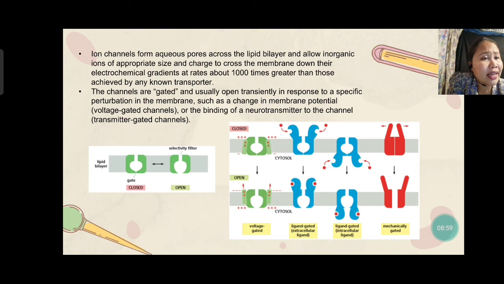While for the ligand-gated intracellular, of course, the opening is inside. For the mechanically gated, represented by the color red. So, this schematic drawing shows the several stimuli that open the ion channel, or the gating of the ion channels.